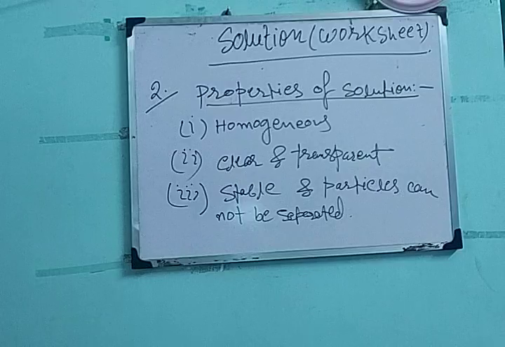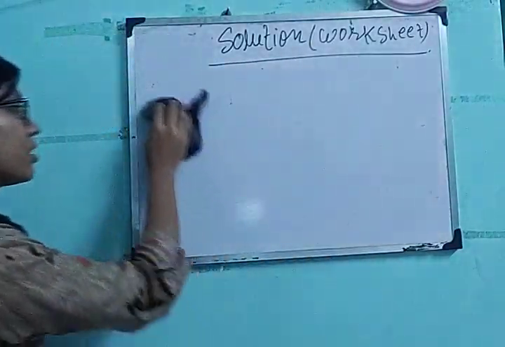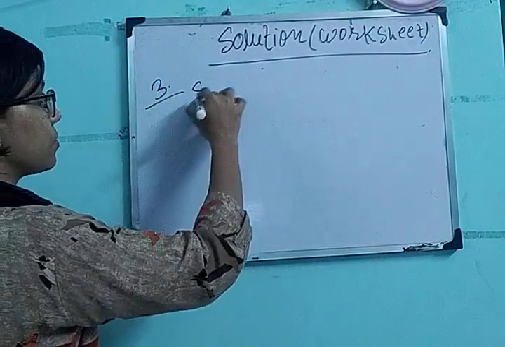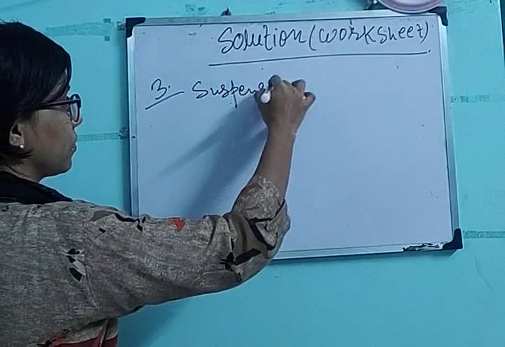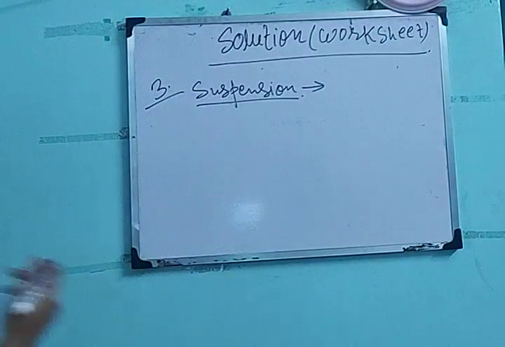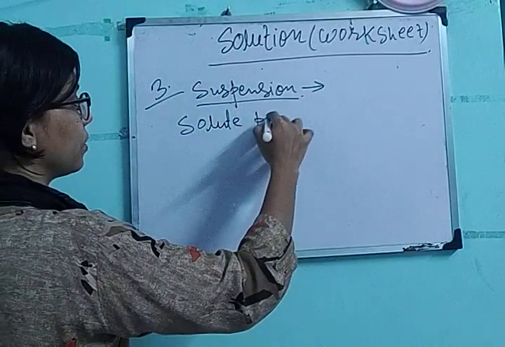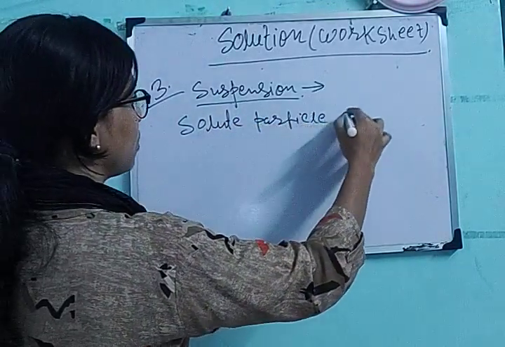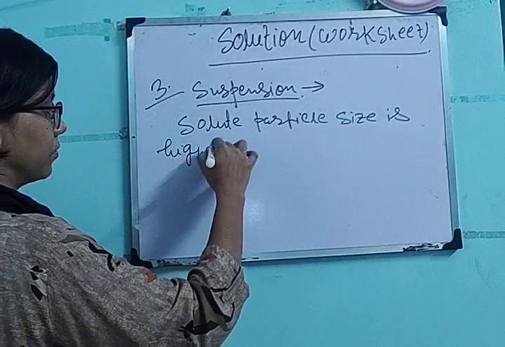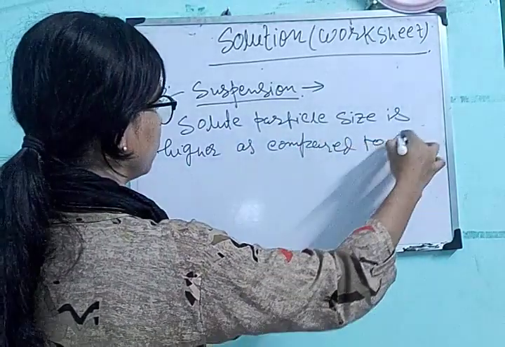Next is: what is suspension? The main difference between solution and suspension is in particle size. In suspension, the solute particle size is higher as compared to the solution.